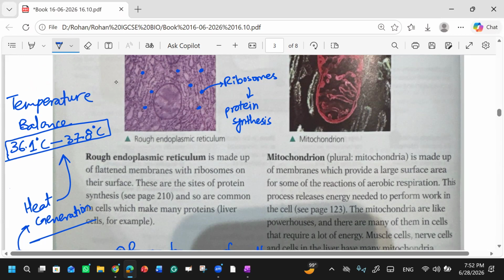Temperature balance is very important. You know why? Because most of the chemical reactions happening in our body occur at the optimum temperature. They need the optimum temperature. This is the concept of enzymes. What are enzymes? Enzymes are substances that speed up a chemical reaction. They are naturally present in our body.